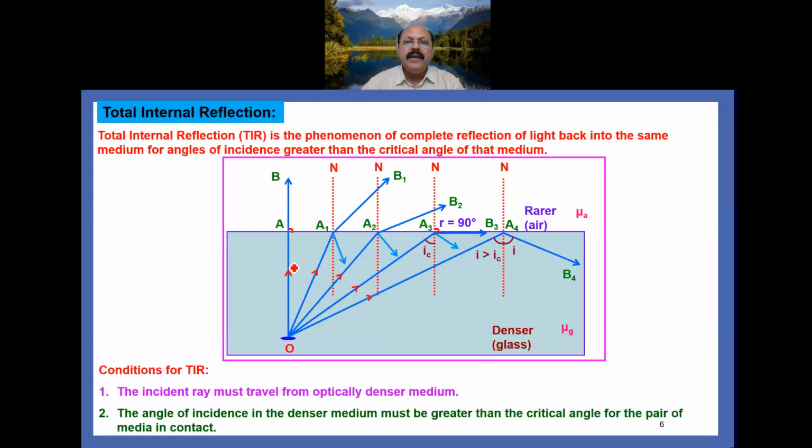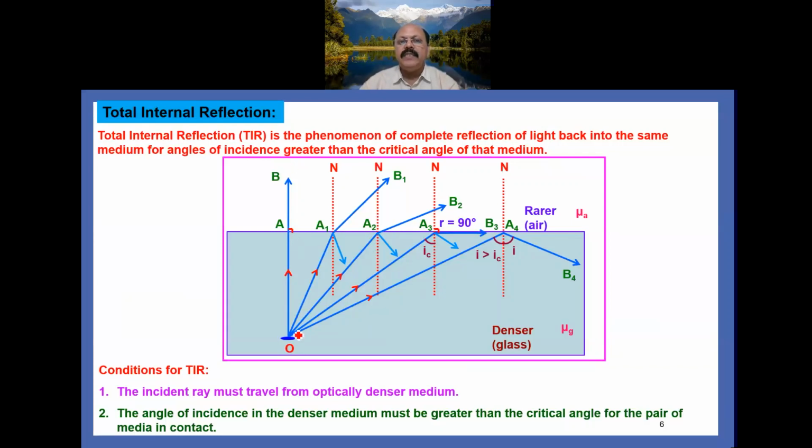So you can see here further, this is the denser medium which is glass, and this is the rarer medium which is air, and this line is the interface which separates the two media. Object is placed in the denser medium at point O, then a ray of light which is incident normally on the interface along OA passes straight along AB.